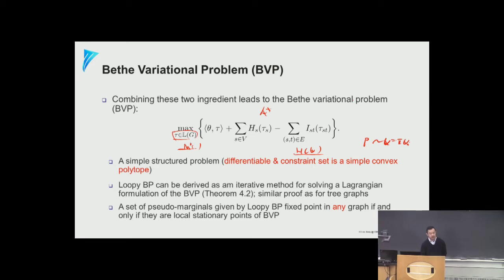In the Bethe free energy, in the loopy belief approximation, I didn't actually even show you what an approximation to P looks like. There is never an explicit expression of that. I only ask you, what do you care about in terms of query? And the query that you care about is basically expectations of the singleton and the expectations of the pairwise. Right? And I don't care basically what else lies in this whole full distribution.